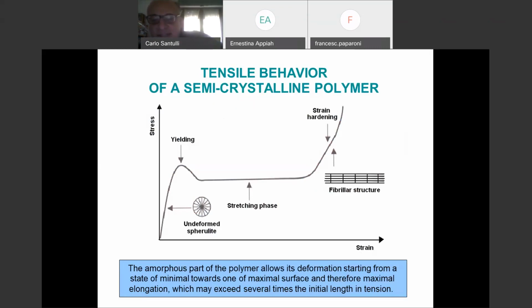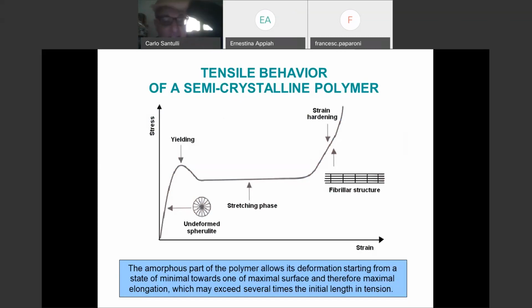Once it has stretched, we're talking about thermoplastics and rubbery thermoplastics, and they stretch, and in the end they start strain hardening. You have this kind of strain hardening, which you notice also in foams, in compression of foams.